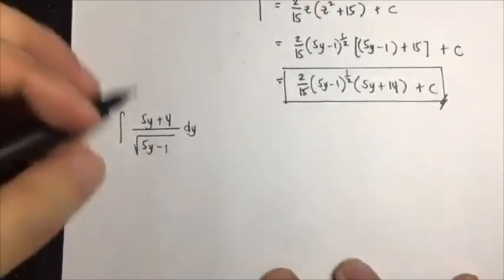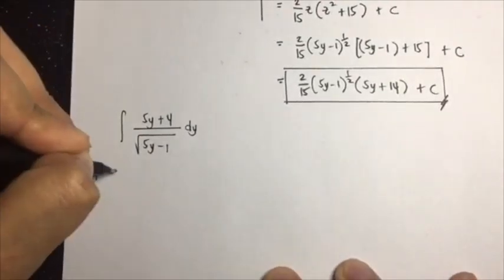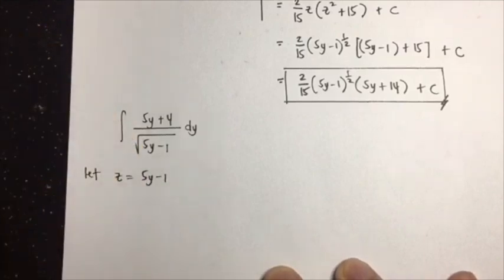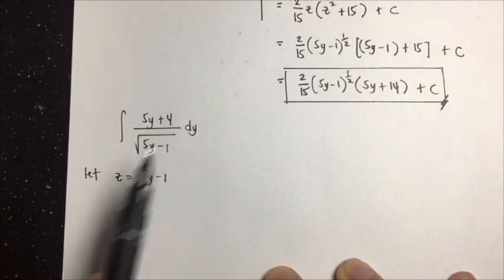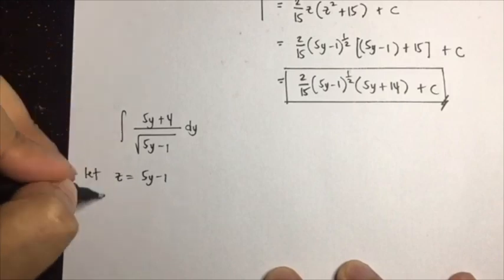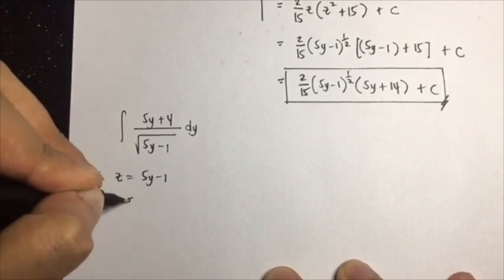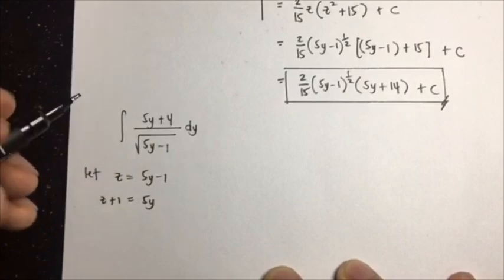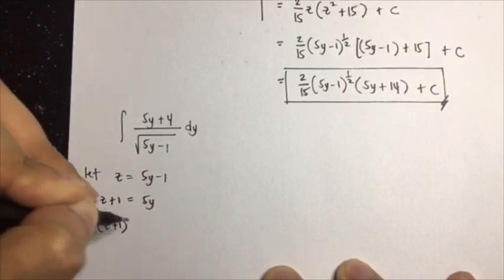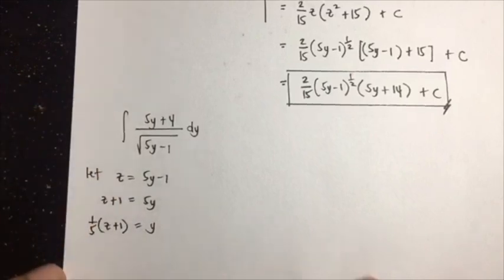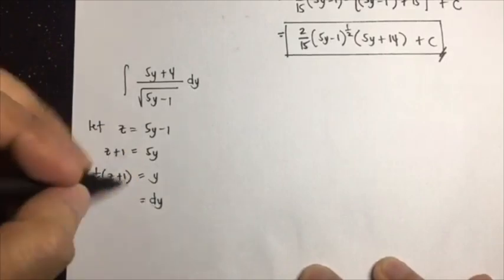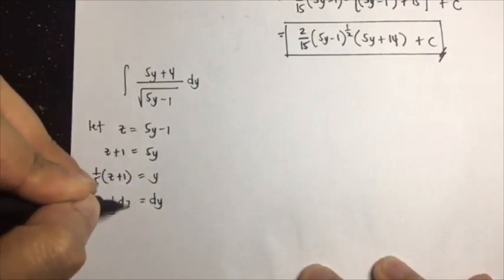What if we only let z be 5y minus 1, without the square root? Then z plus 1 is equal to 5y, and 1/5 of z plus 1 is equal to y. Therefore dy is equal to 1/5 of dz.